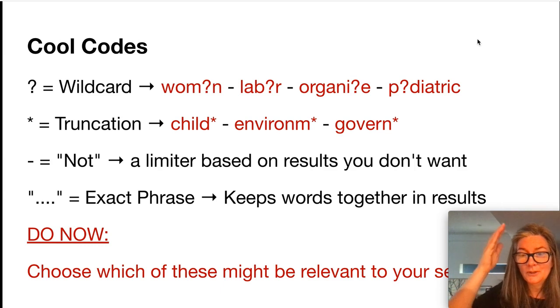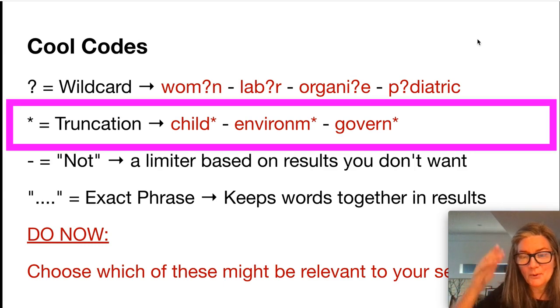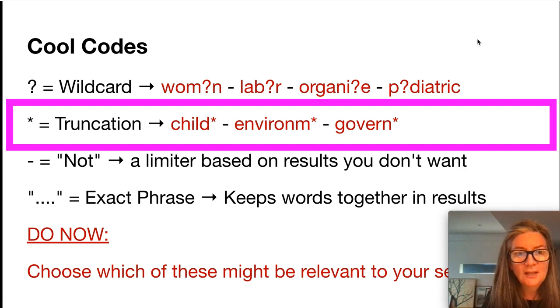Truncation lets you put a star at the end of a word, and that chops off the end of the word, and it tells Google to search for the root. And so if I have child star, it will search child and children and children's. Same thing with environment, environmental, environmentally. All of those will be caught up in the search. Government, you get the idea.